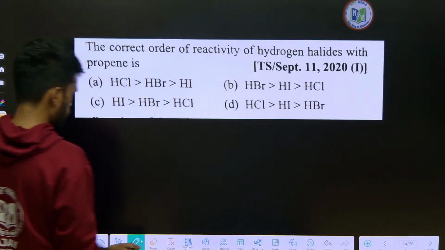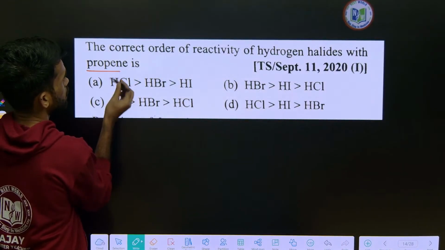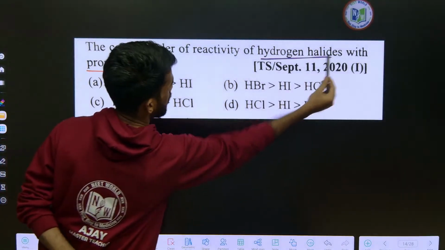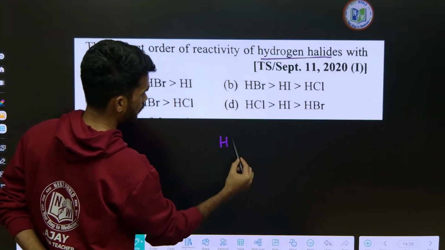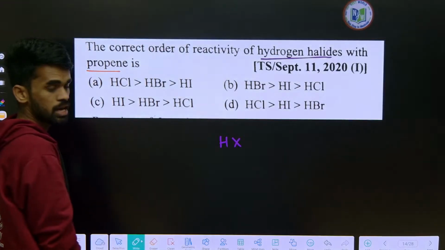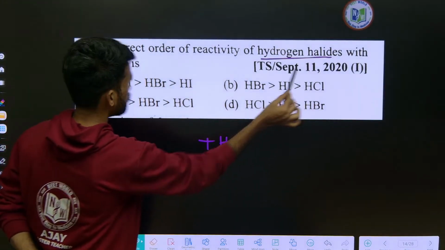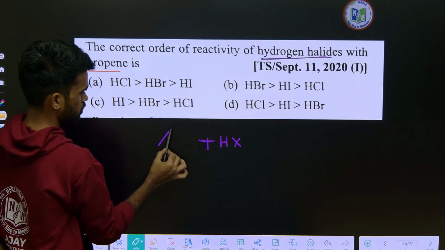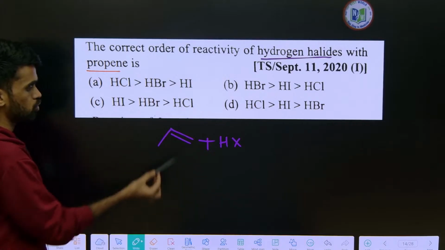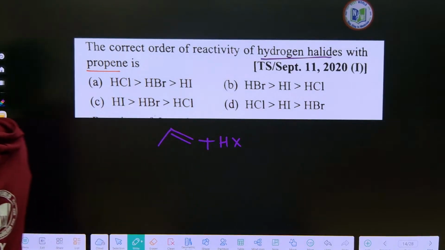First thing to mention here is propene. Take hydrogen halide, HX, with this propene. Propene plus HX. This is what they are mentioning.